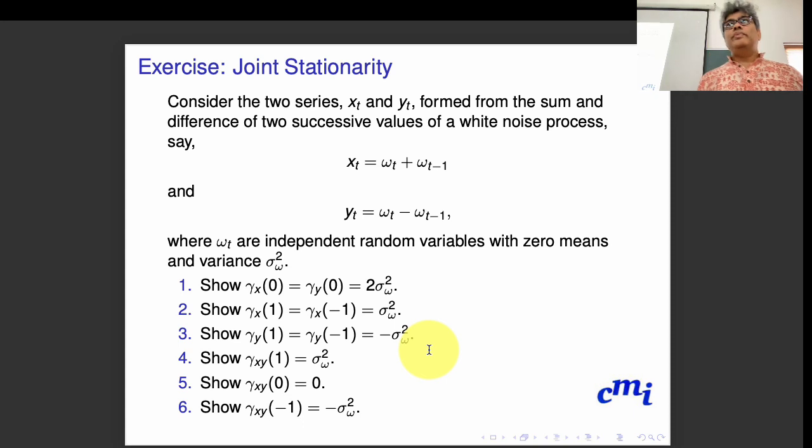In this simple example, we started with white noise, which is completely independent and identically distributed, so all the off-diagonals are zeros and only the diagonals are sigma w squared. Then we did the operations, and as soon as we did, the lag ones are all now non-zeros.